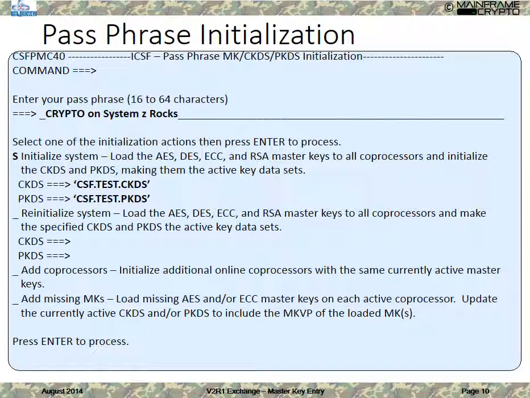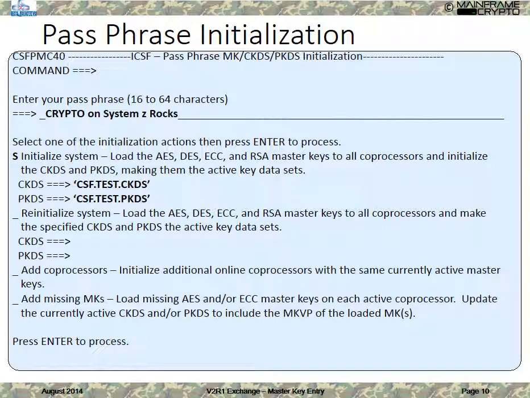ICSF is going to continue using the Crypto Express cards it's got, but it'll perform the same calculation as it did before, calculate the master key material, and insert those master keys into the new hardware. It won't touch the existing hardware, it won't touch the key stores, but it'll get that new hardware online and the master key material loaded so you can start using them.